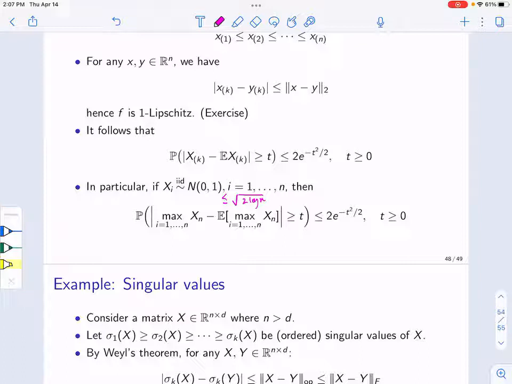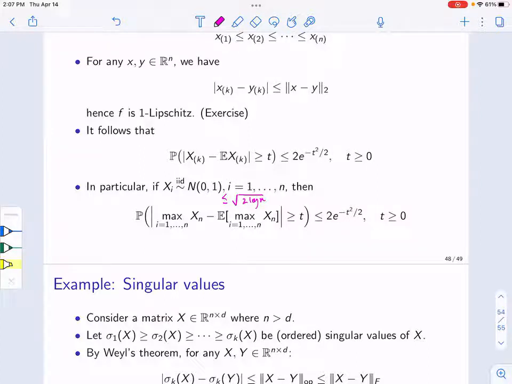I should also point out that you might get better bounds than this, or more useful bounds than this, let's say for other order statistics. The problem with this bound is that the expectation of the order statistic is hard to calculate. There are techniques to do this for this one, but it might be possible to directly bound that.